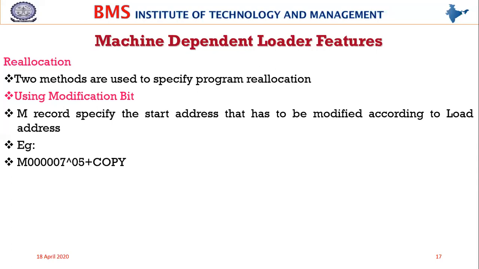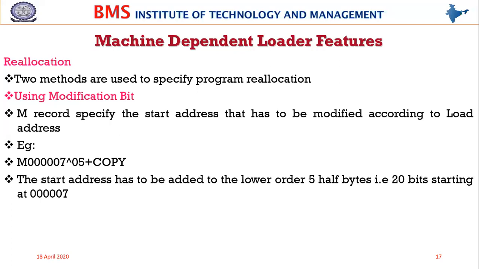How many half bytes? 5 half bytes, 5 into 4, since a half byte is 4 bits. That means 20 bits from there are supposed to be modified. What modification will you do? You will add the address of COPY. The COPY may be the starting address or the load address of your program that should be added. So this is what a modification record is.